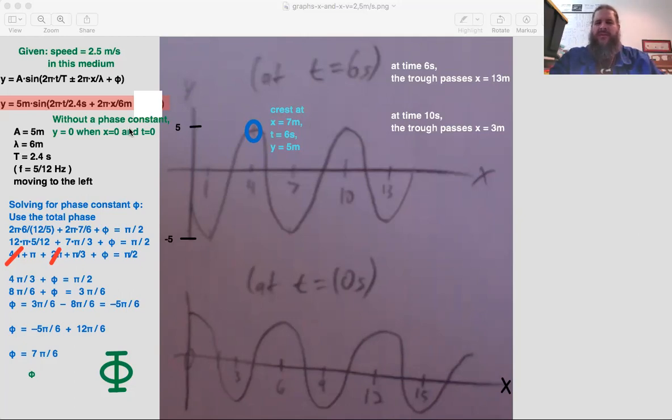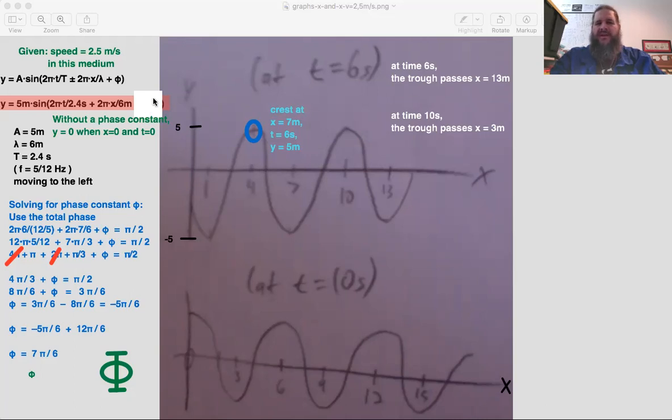Maybe you're holding a rope and you're shaking it. Let's say you're at the high point at the time we're calling 0. That wouldn't work if there was no phase constant. No phase constant would mean you'd have to be passing through equilibrium at time 0. And that doesn't make sense physically. You could be anywhere in the cycle at time 0.